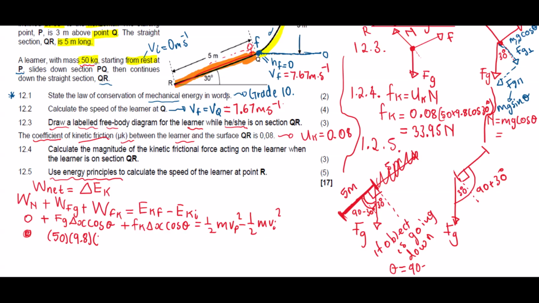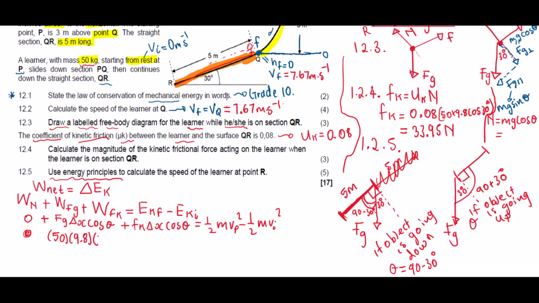But if the object is going up, the theta is going to be 90 degrees plus 30 for the work done by gravity.